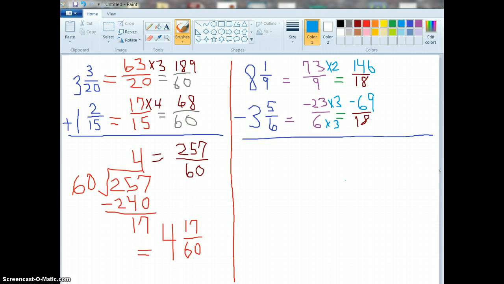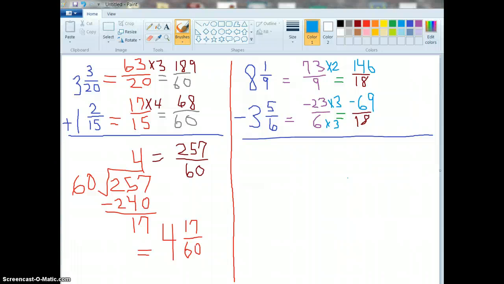With subtraction, stop at this point and ask yourself, can we take the number 69 and subtract it from 146 and get a positive number? Right, we can. So the advantage to changing both mixed numbers to improper fractions is you don't have to worry about borrowing.